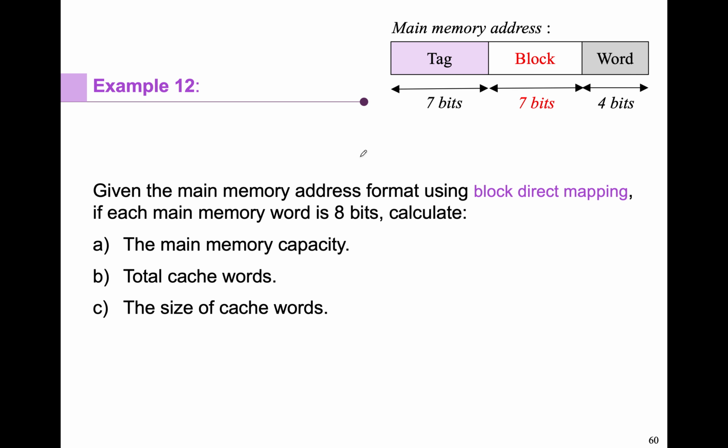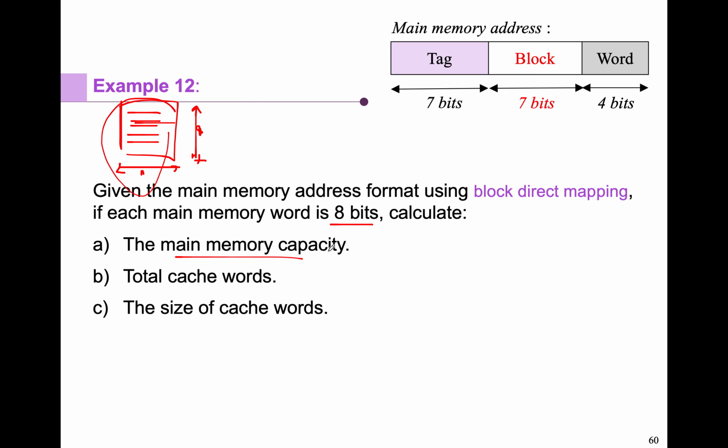Same as the previous subtopic, we have an example like this when you need to calculate the main memory capacity. I already showed you the rectangles: how many are inside, let's say this one is L and this one is N, multiply these and you get the total inside.